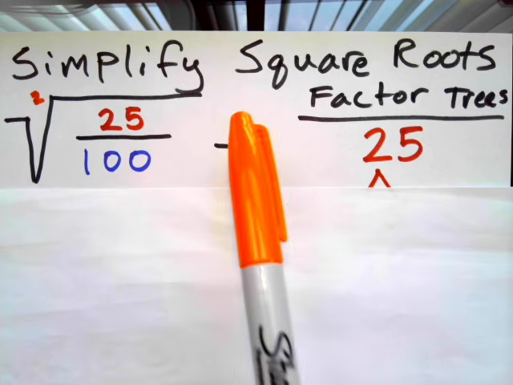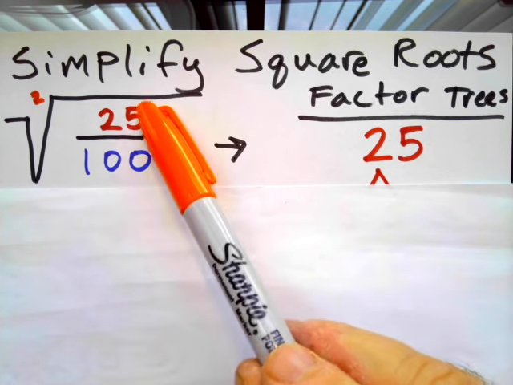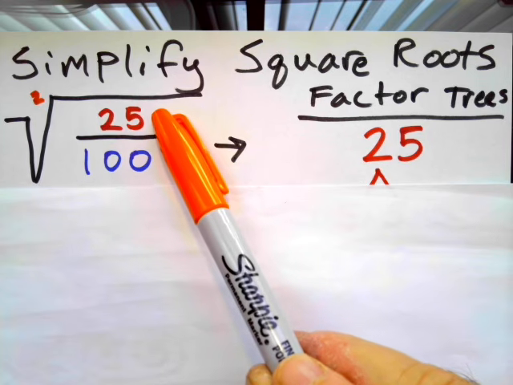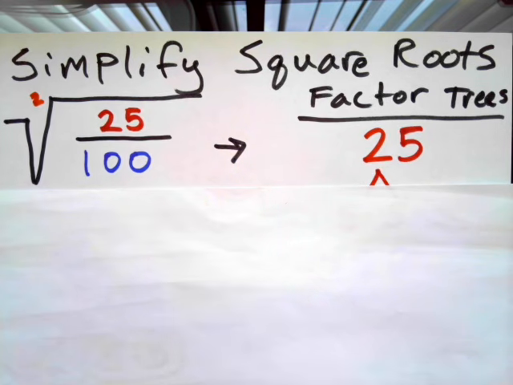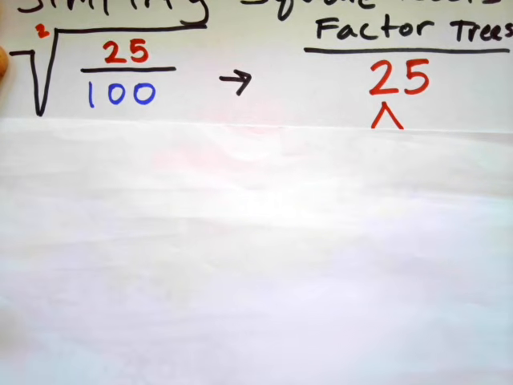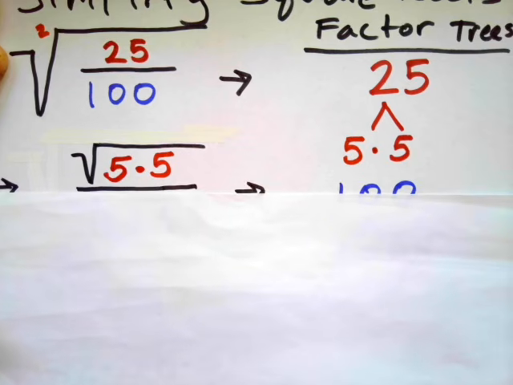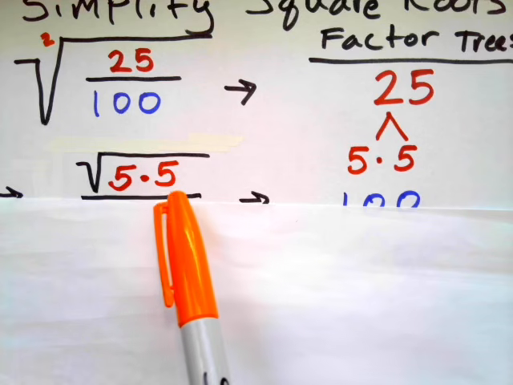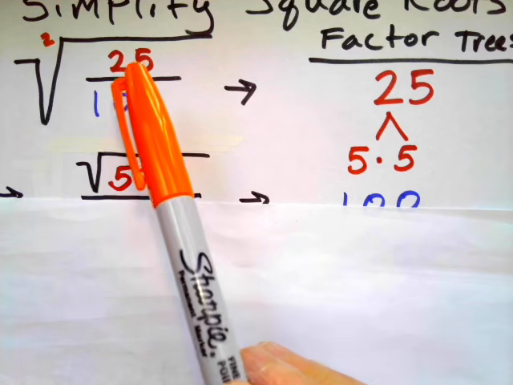But first, we need to find all of the factors of 25 and 100. Breaking it down using the factor tree, 25 is 5 times 5, so I can substitute 5 times 5 into the radical.